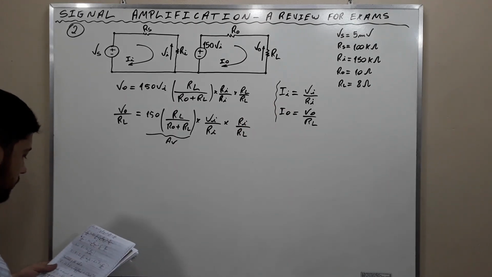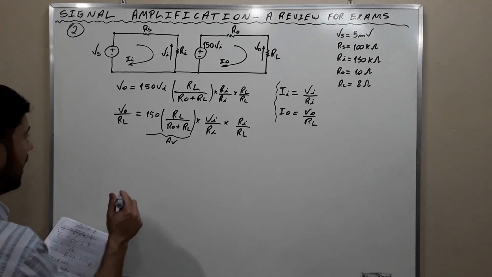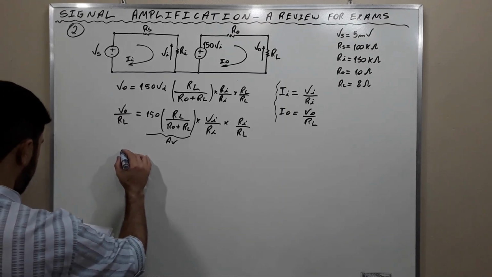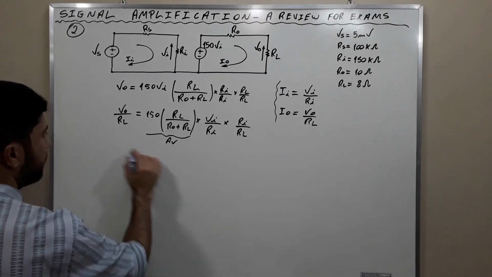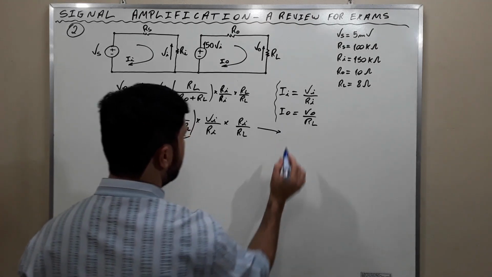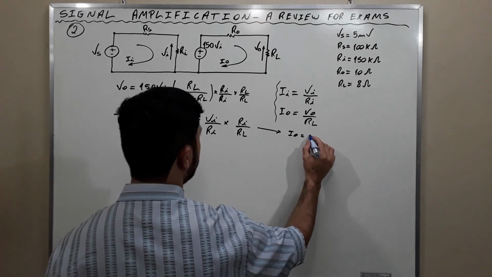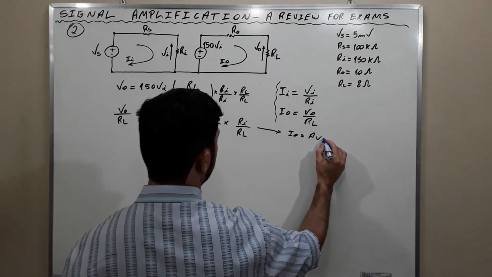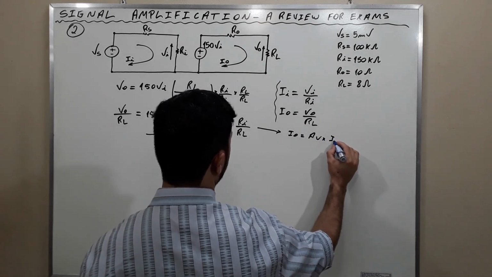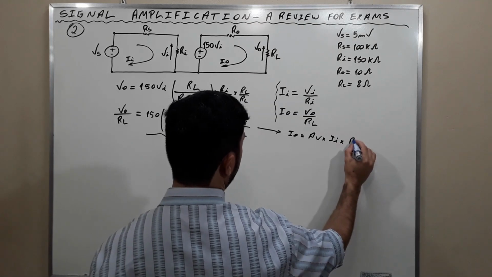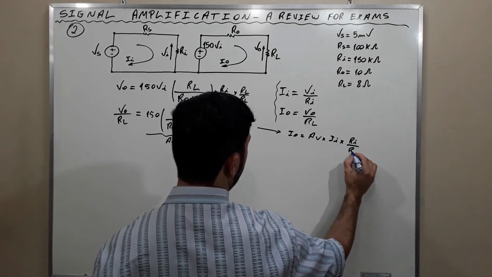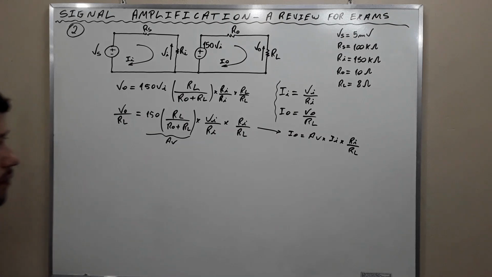Then, okay, IO, let me pass this step here. IO is equal to AV times II times RI over RL. Okay?